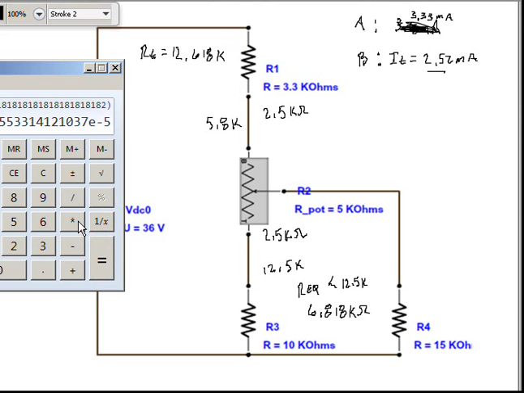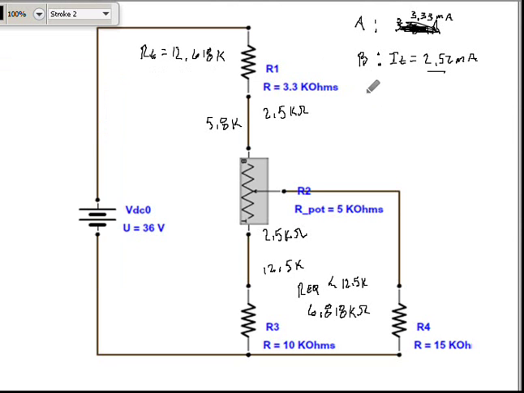Take the reciprocal of that, multiply times the voltage. So about 2.9. That's rounding up, of course. About 2.9 milliamps. And you get the idea how to calculate it out from there.